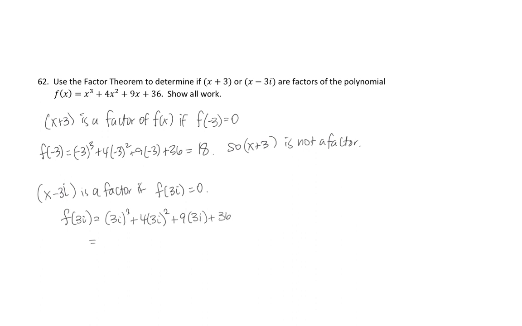Let's simplify that. 3i cubed is 3 cubed, which is 27, and i cubed is negative i. Plus 4 times 3i squared, so 9 times i squared is negative 1, so 4 times negative 9 is negative 36.